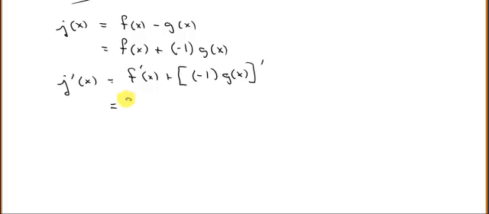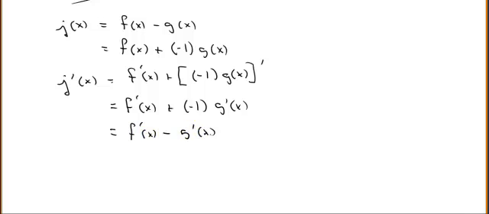So this would be f prime of x plus -1 times g prime of x from the second property that we've shown up above. And this turns out to be f prime of x, of course, minus g prime of x.